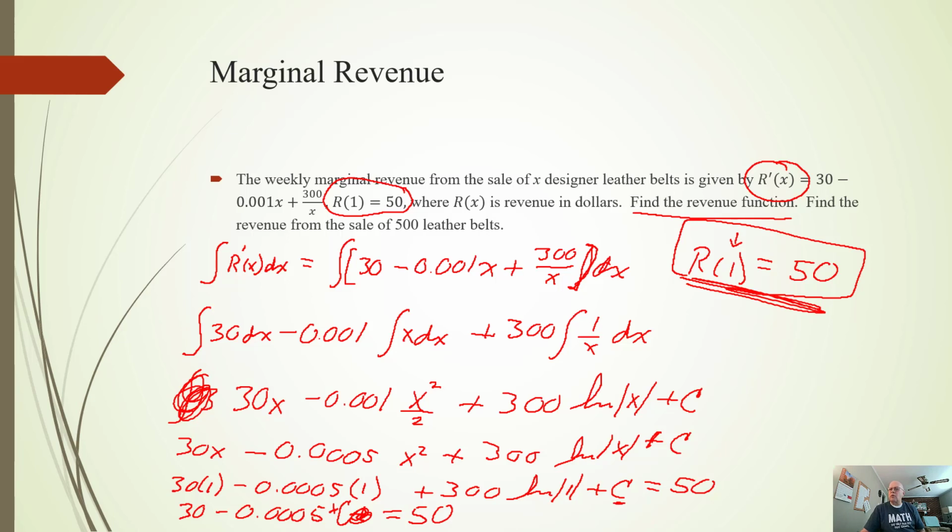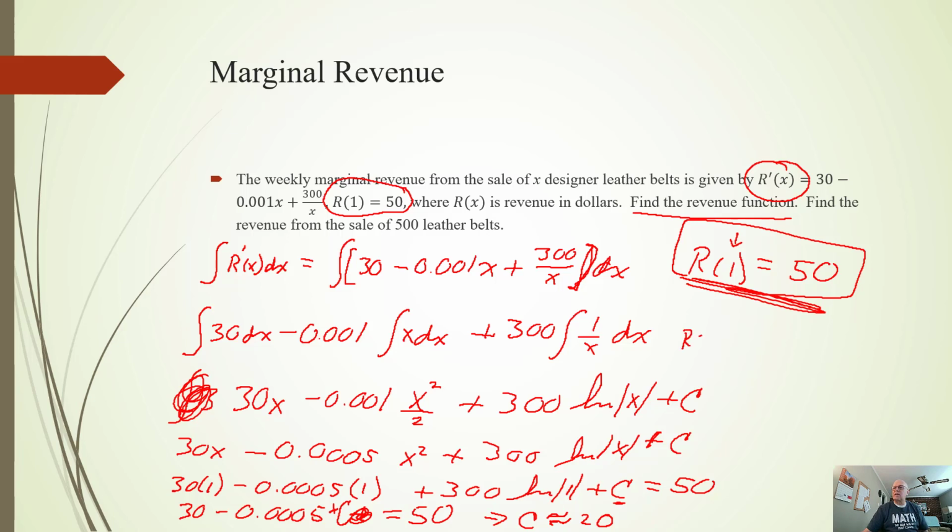Almost lost it. We were looking for that. This tells us c is very close to 20. As a matter of fact, we're talking about dollars and cents, so when you take 50, subtract 30, and add 0.0005, it's $20.